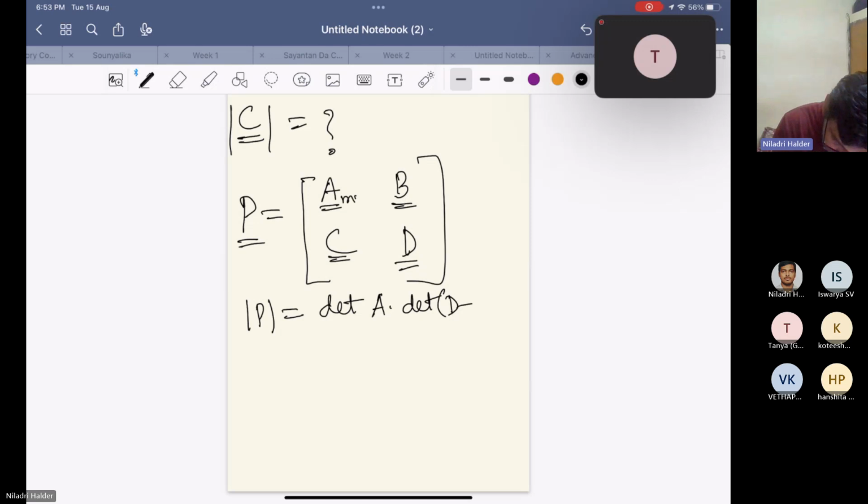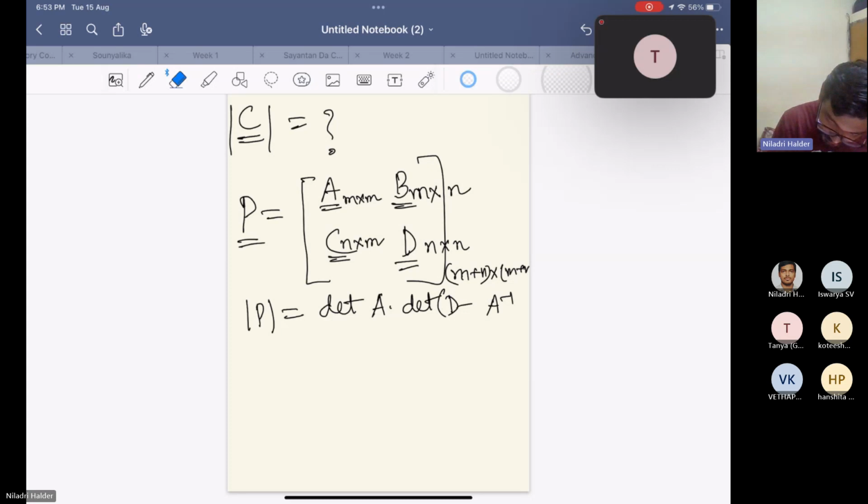Suppose this is M cross N, then it should be N cross M, and it should be N cross N. So the dimension will be M plus N cross M plus N. So det A into det of D minus C A inverse B, if A is invertible.